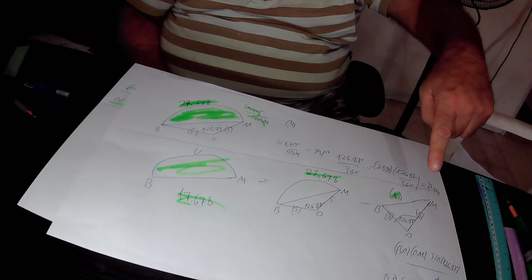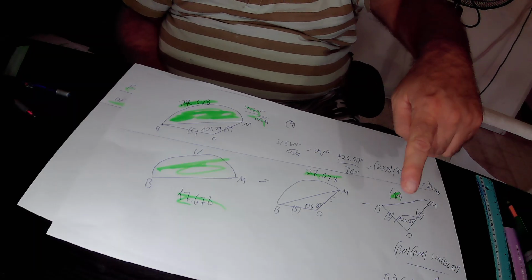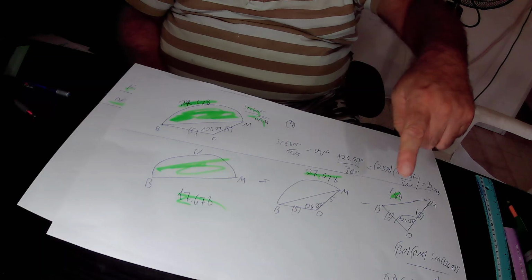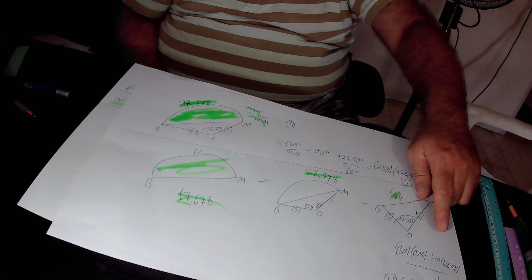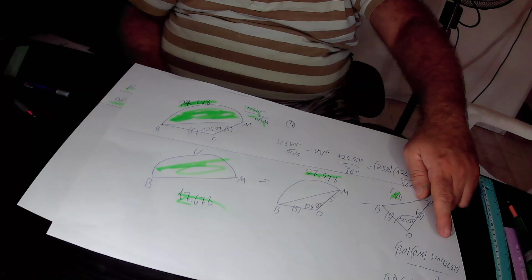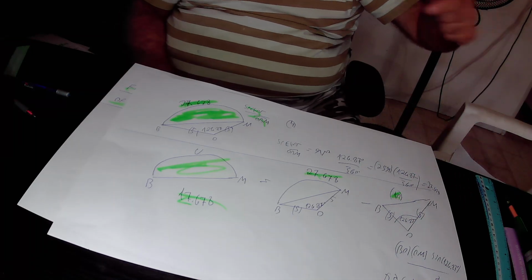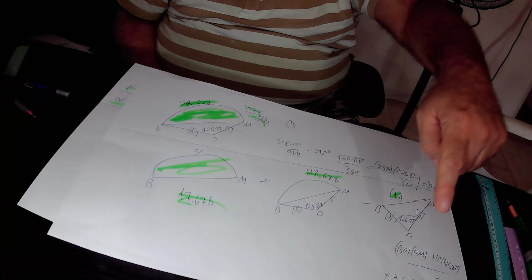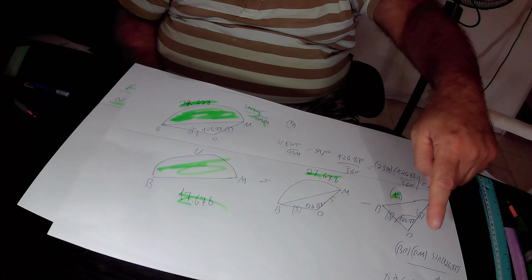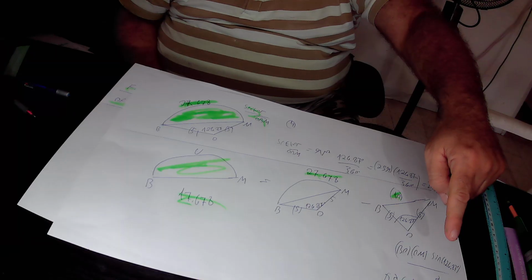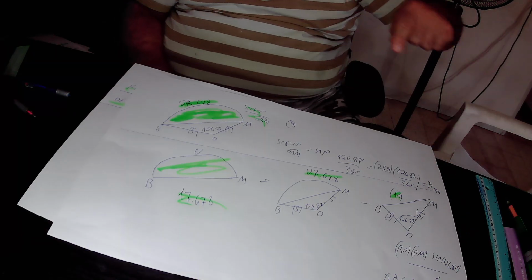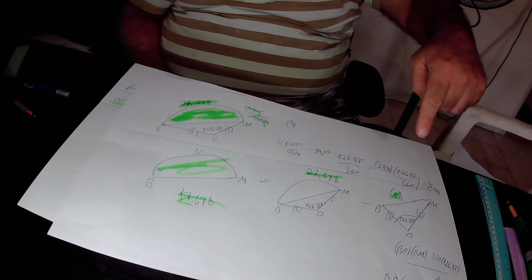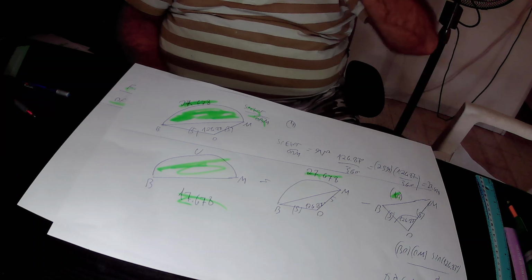BO is 5, OM is 5, so 5 times 5 is 25, and we have to divide it by 2. And sine 126.87 is 0.8. So the area of this triangle BOM equals 25 over 2, this is 12.5, times 0.8. 12.5 times 0.8 is 10. So the area of this triangle BOM equals 10 square units in size.